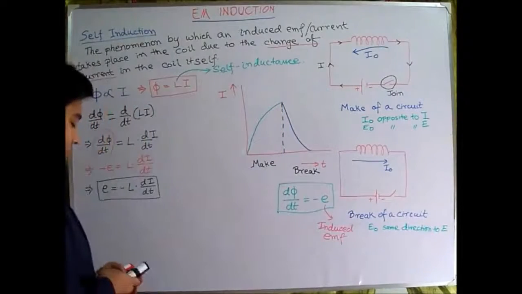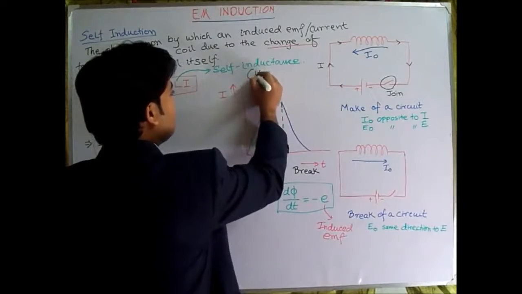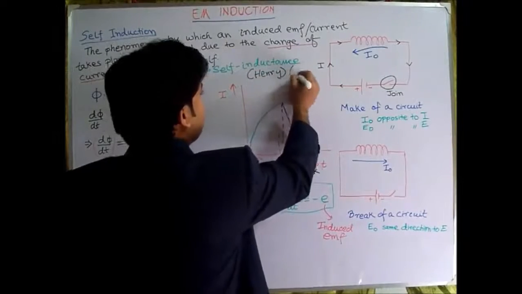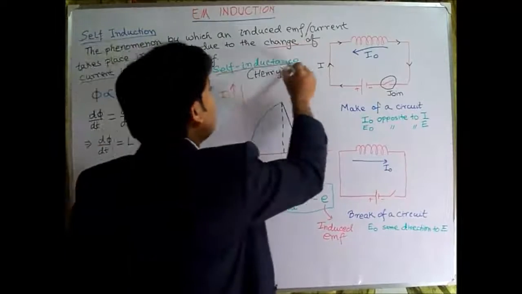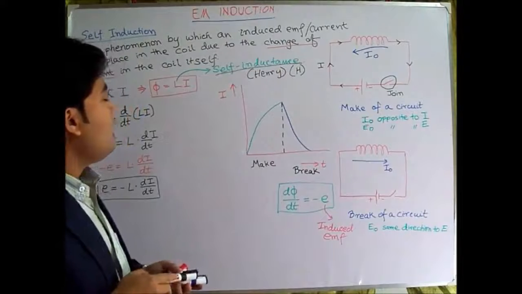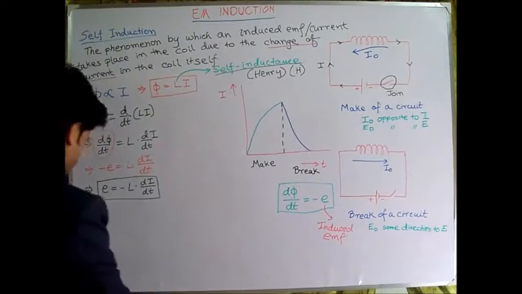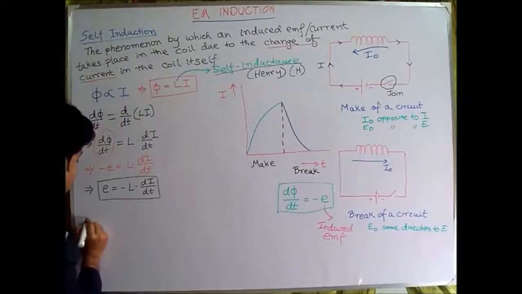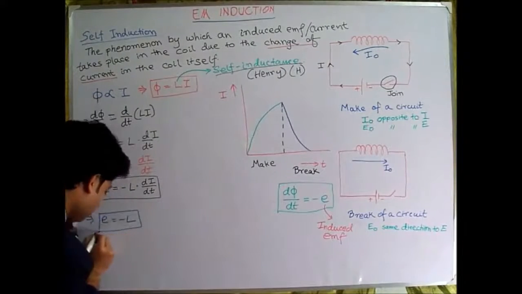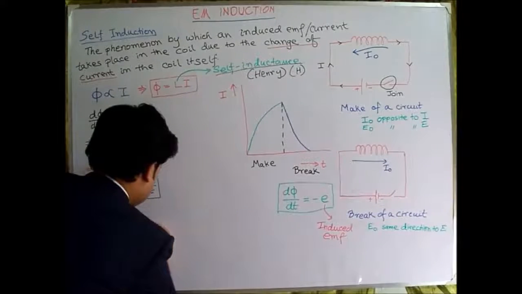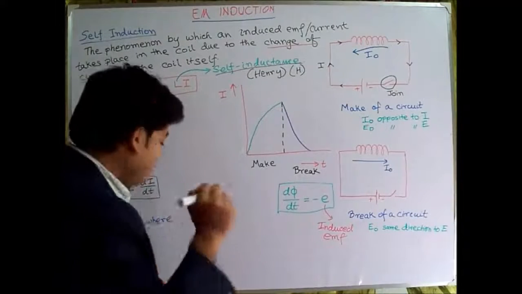Yes, obviously the self-inductance has its SI unit, which is known as Henry, denoted by H. This is the SI unit of self-inductance. Now, we can also write that E equals minus L, where d by dt of I equals 1 or unity.